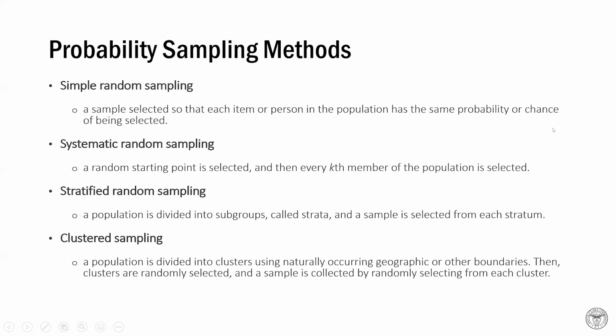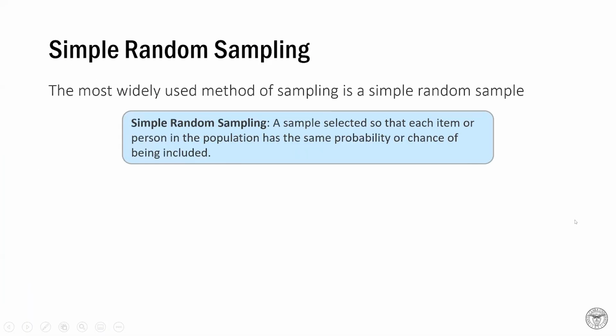In this video, we will introduce 4 major probability sampling approaches, namely simple random sampling, systematic random sampling, stratified random sampling, and cluster sampling. A simple random sample is meant to be an unbiased representation of a group, in which all members of the population have a chance of being selected for the sample.